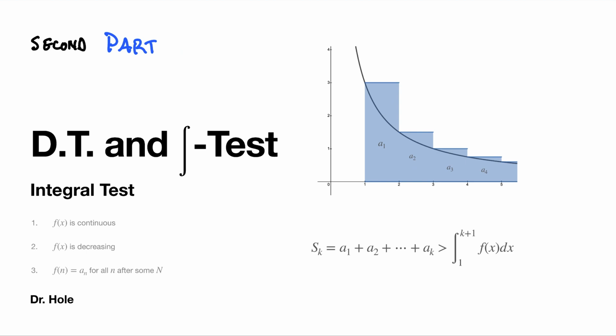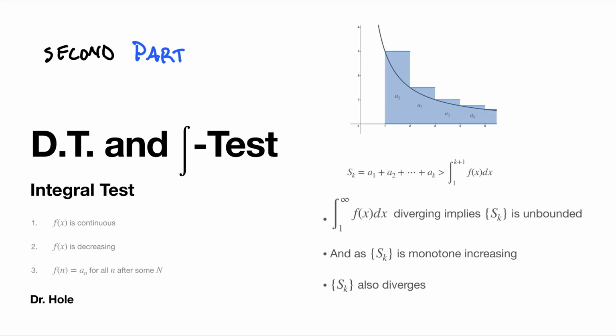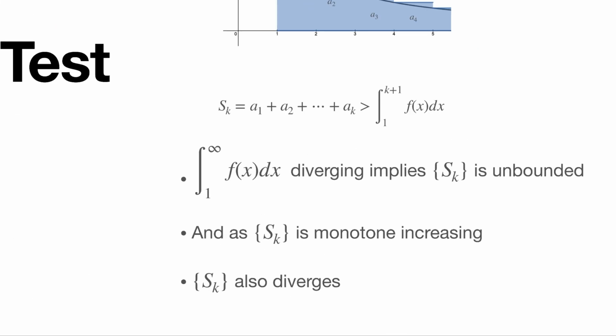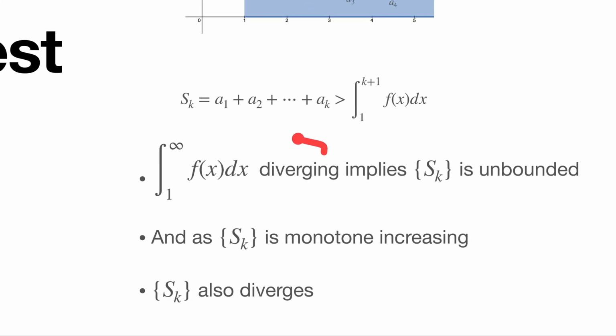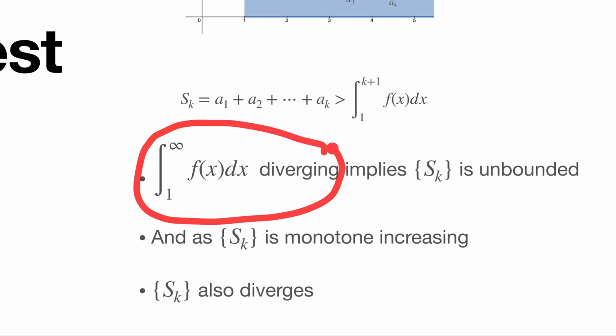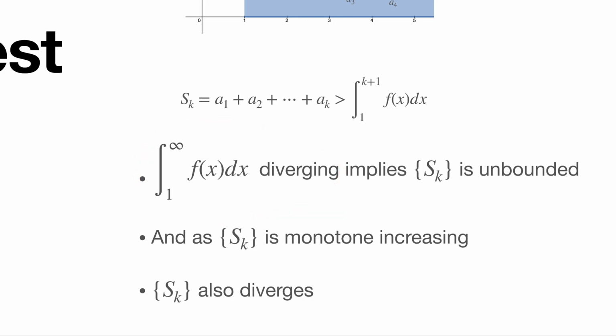Okay, so what is this going to give us? Well, if we now make the assumption, instead of converging, that the improper integral diverges, then that's going to tell us that the sequence of partial sums is unbounded.